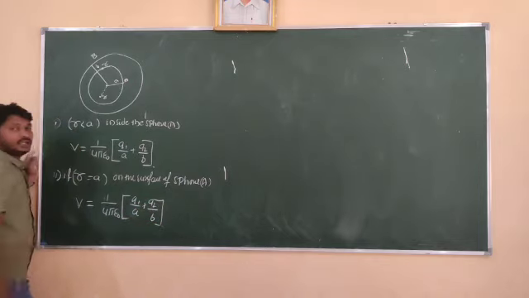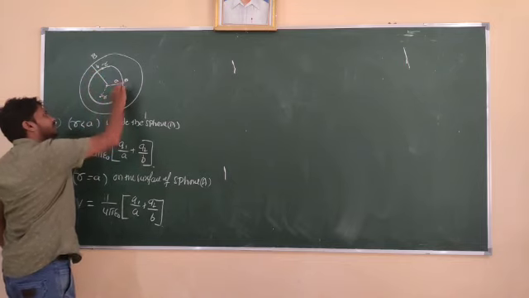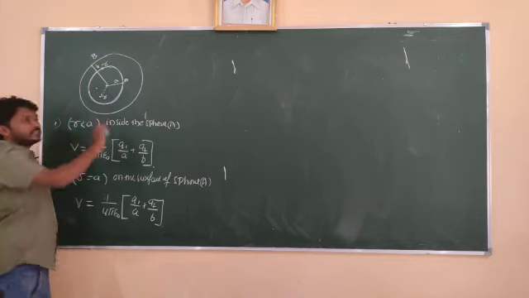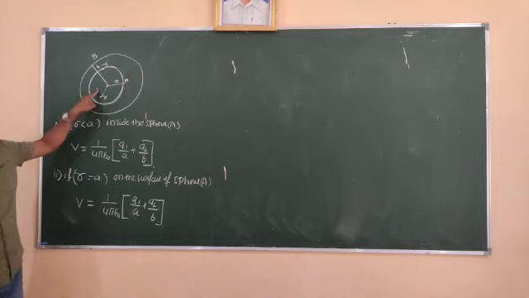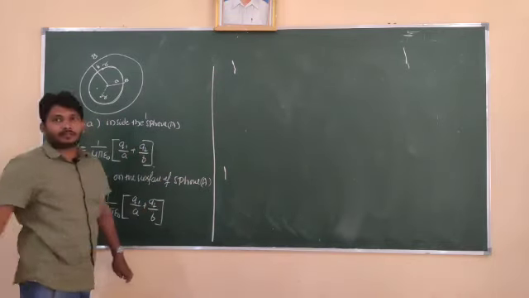So it means the potential value remains the same inside the first sphere as well as on the surface of the first sphere. Now let me choose another position here.